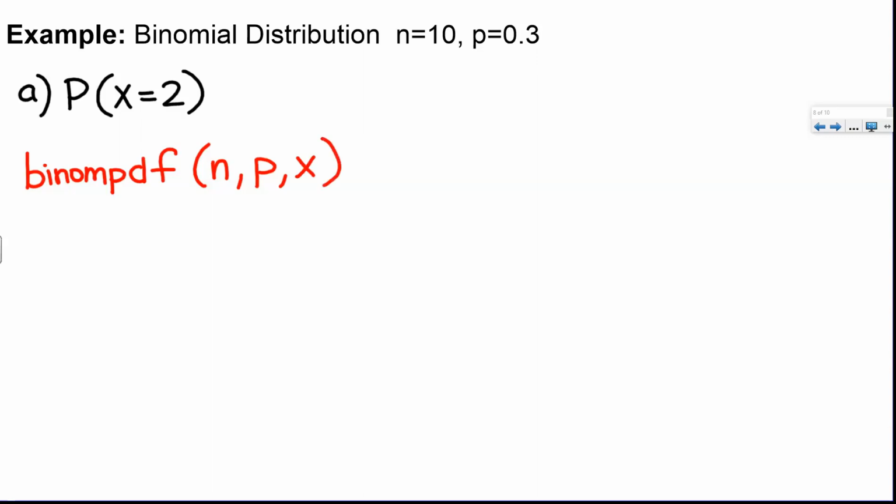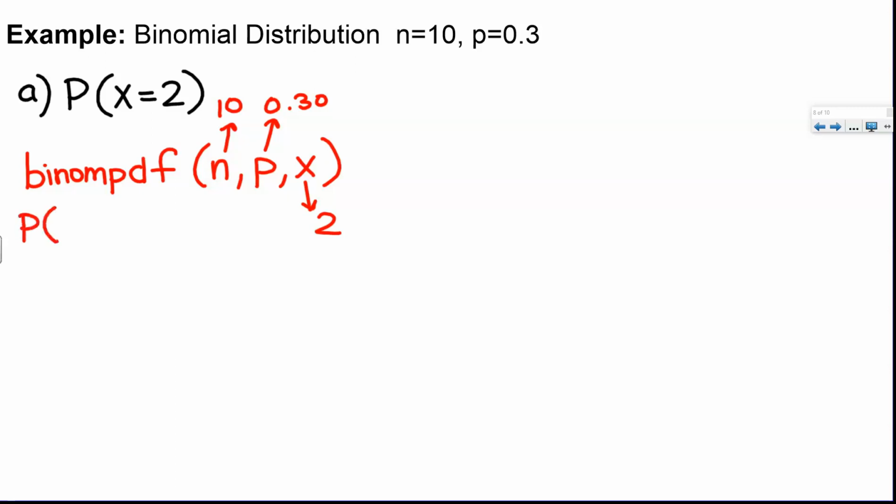We have to tell it how many trials we have, what our probability of success is, and what our X value is. On this particular one, we have 10 trials, a 30% probability of success, and the X we want to know about here is 2. We want to know about 2 successes.